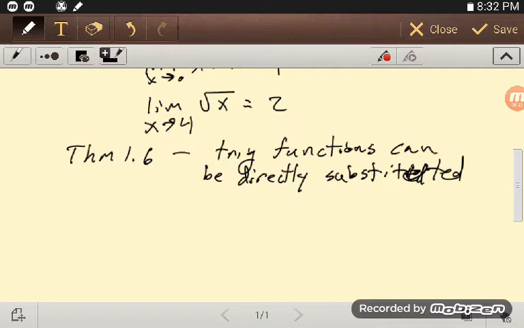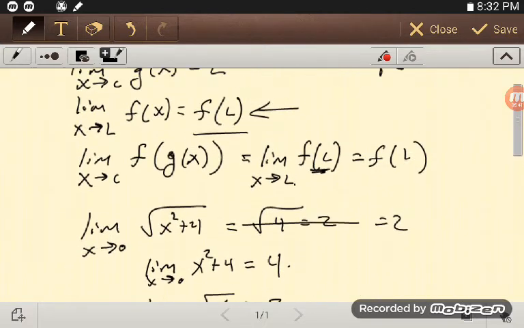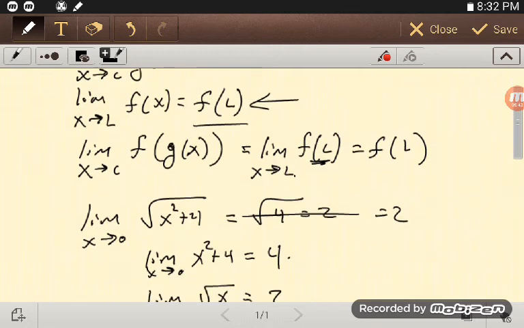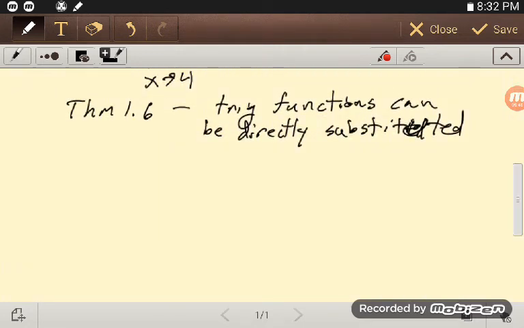Pretty much then they go through and use the technique I showed on the previous video. They go through a few of these rational functions.